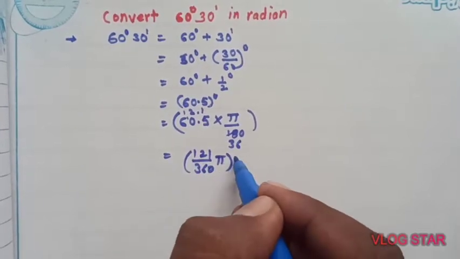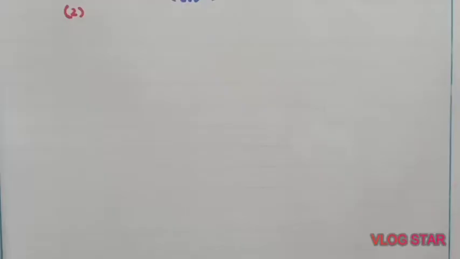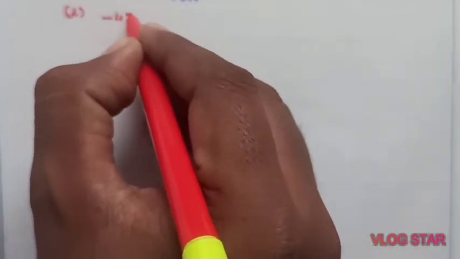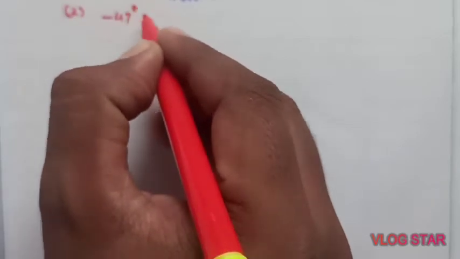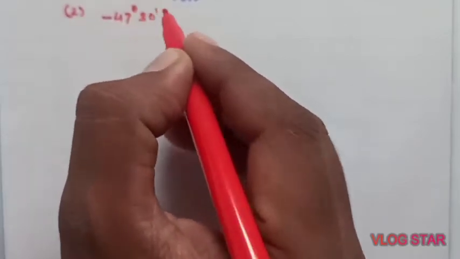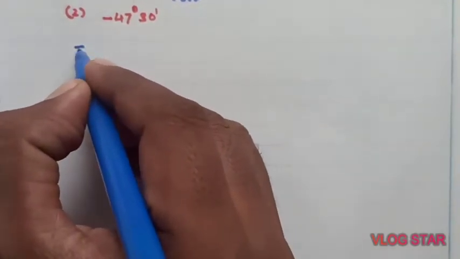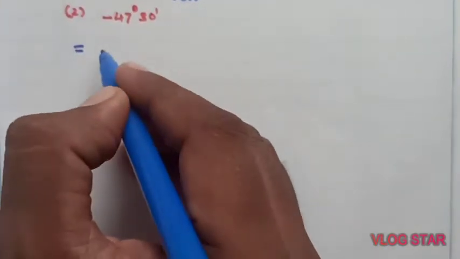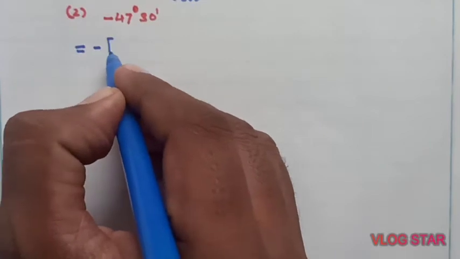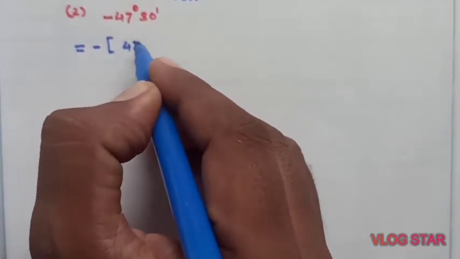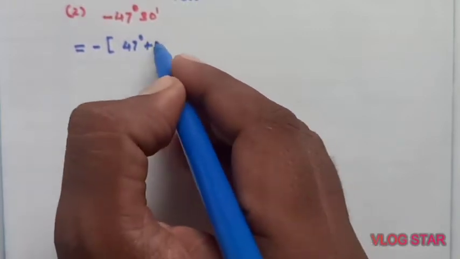This is in radian. What happens if your angle is negative? For example, if you have negative 47 degree 30 minute, so the angle is negative, so what should we do? It is the same: 47 minus, as it is, 47 degree plus 30 minute.